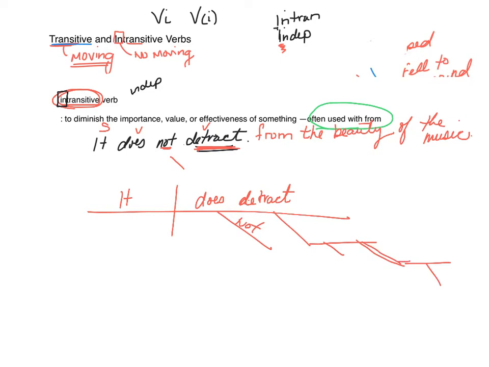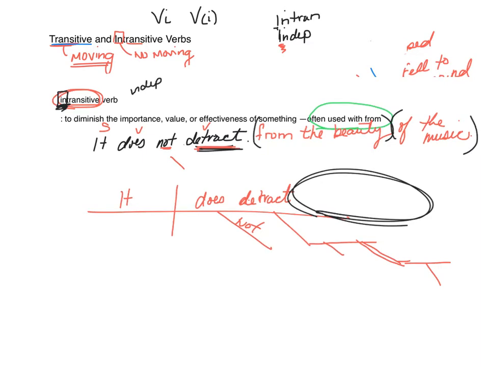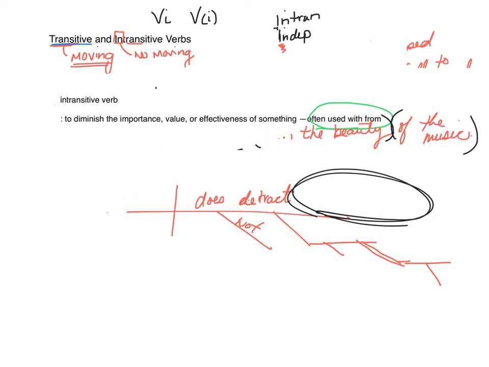That diagram's just fine. So it does not have a direct object, and because it's an intransitive verb, it can't have a direct object. You cannot put a noun behind the word detract. Any additional ideas have to be added in prepositional phrases. So you so far have diagrammed a whole lot of intransitive verbs because you did not have any direct objects.